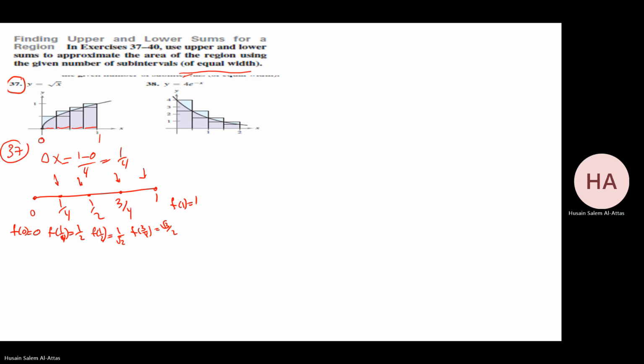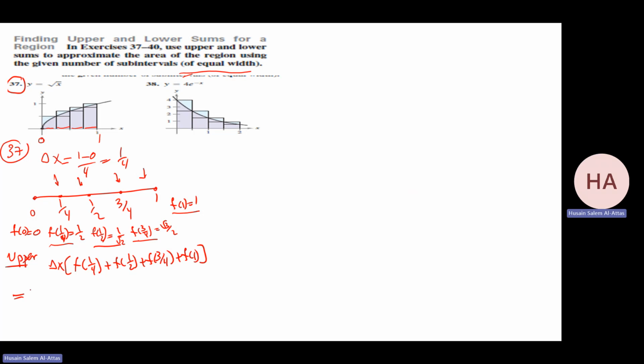Okay, the upper. Very clear, the function is increasing. The function takes f of this, this, this, this. This will be upper. So it will be delta x times f of 1 over 4, plus f of half, plus f of 3 over 4, plus f of 1.